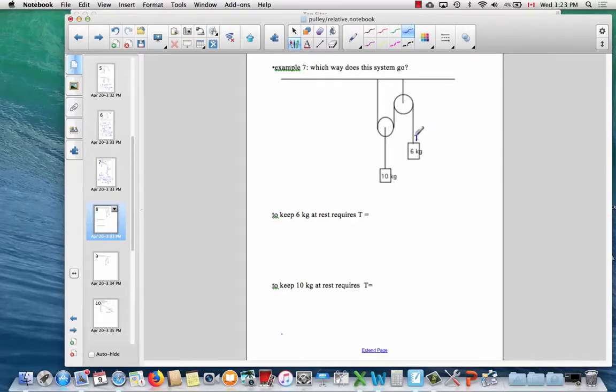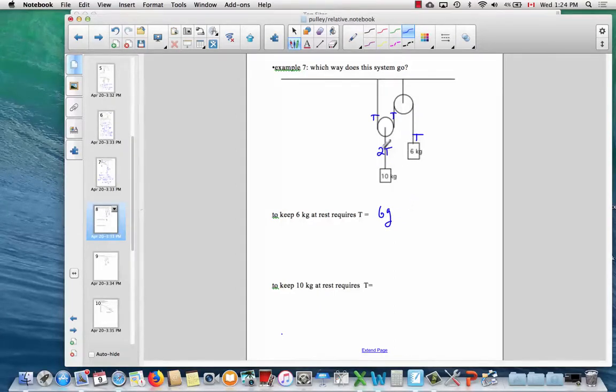So what reasoning do we use? Well, we know if this tension's T, it's going to wrap around there, pull up on both sides of the pulley with tension T. So that means the tension in this cord, assuming a massless pulley, will be twice T. So if this system were at rest, then the tension, if we focus on this mass, would equal the weight of that mass, 6g.